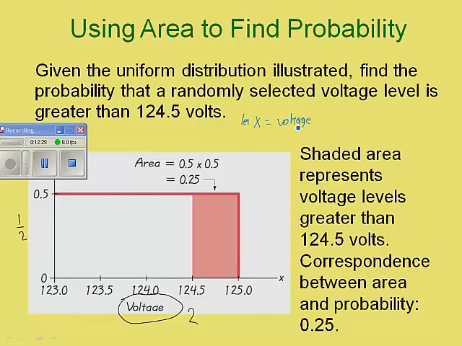By the way, is voltage continuous or discrete? It's continuous. You could have 124.5 volts. That's not a problem, right? So what we're computing is the probability that X is greater than or equal to what? Well, I guess just strictly greater than. Greater than what?